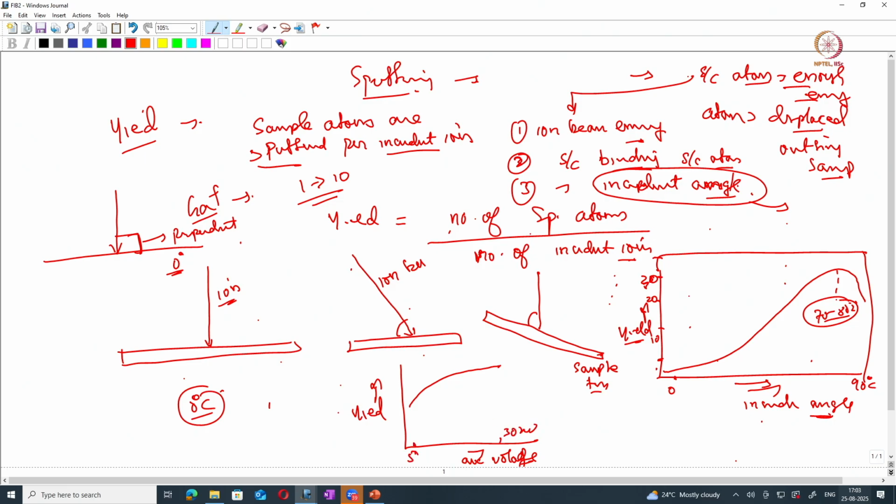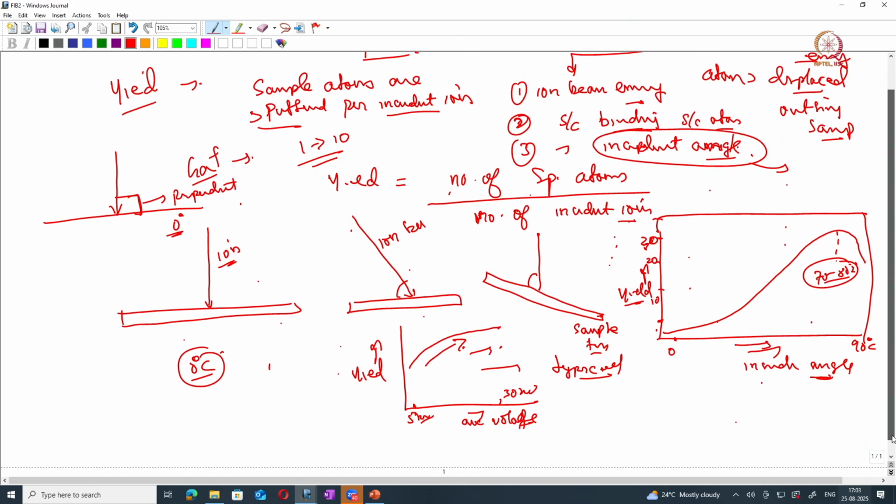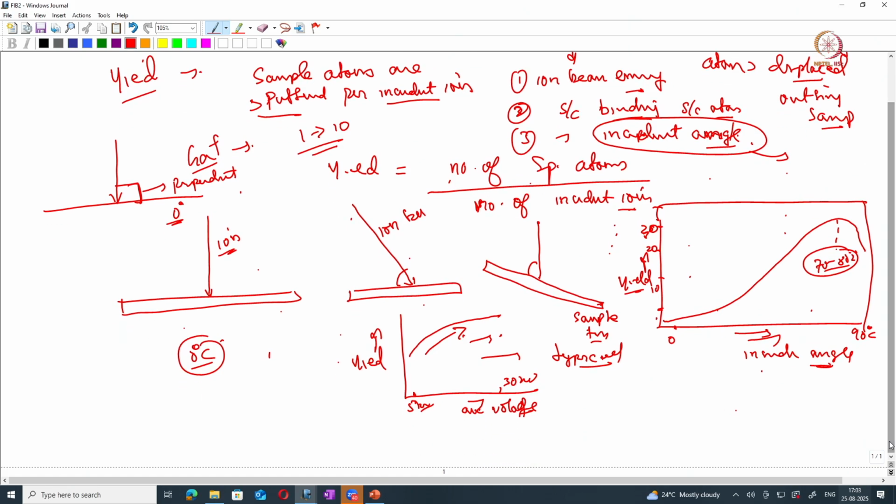So your yield increases with the accelerating voltage, and this is a typical curve of the variation of the yield with respect to your accelerating voltage.